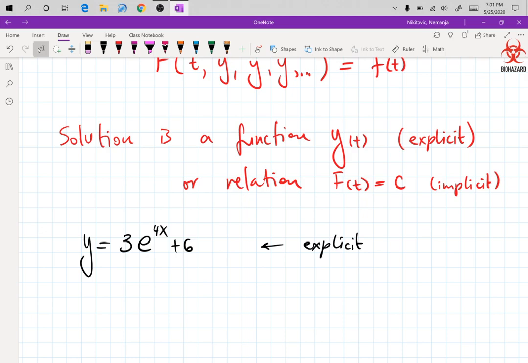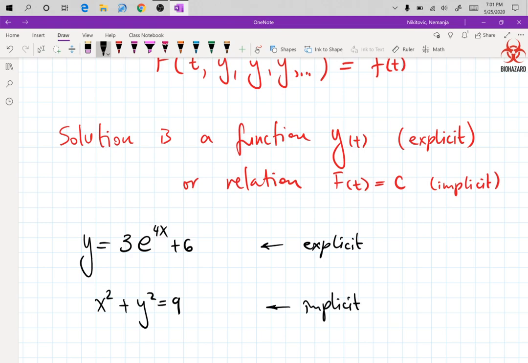You might be remembering implicit differentiation, right? For instance, the equation of the circle is not a function, and you cannot write it as y equals everything else. If you can write it y equals everything else, then that's explicit. But for instance, a circle, let's say x squared plus y squared equals 9, is implicit.